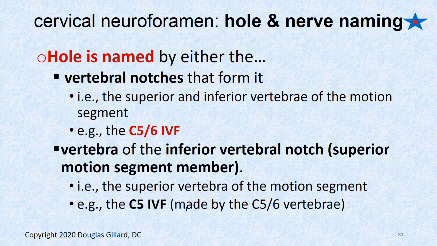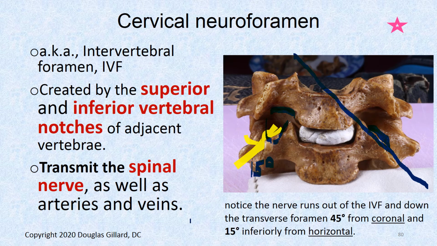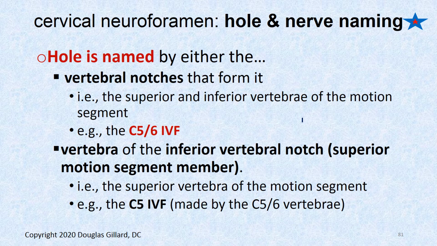You can name the hole two ways. And the hole I'm talking about would be this hole right here. So if this is C4 and this is C5, you can call this the C4/5 neural foramen. Or you could just call it the C4 neural foramen as well.